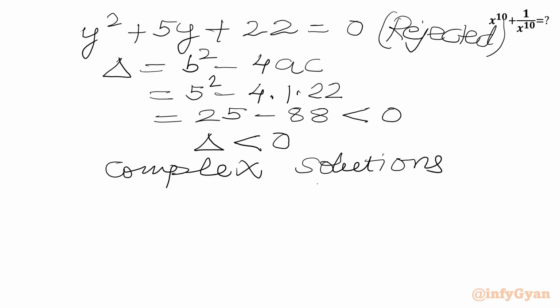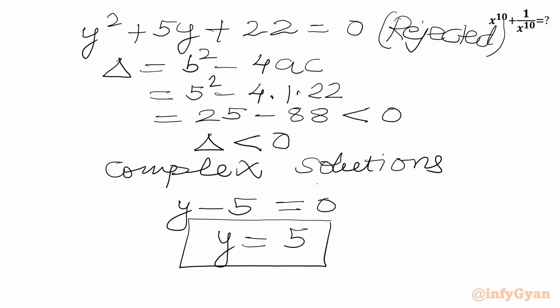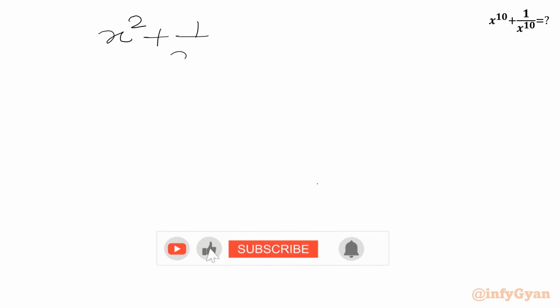Now we will consider the first equation, y minus 5 equal to 0. So from here we will get y equal to 5. Now y is our substitution, x square plus 1 over x square was y. So I will write here x square plus 1 over x square equal to 5.